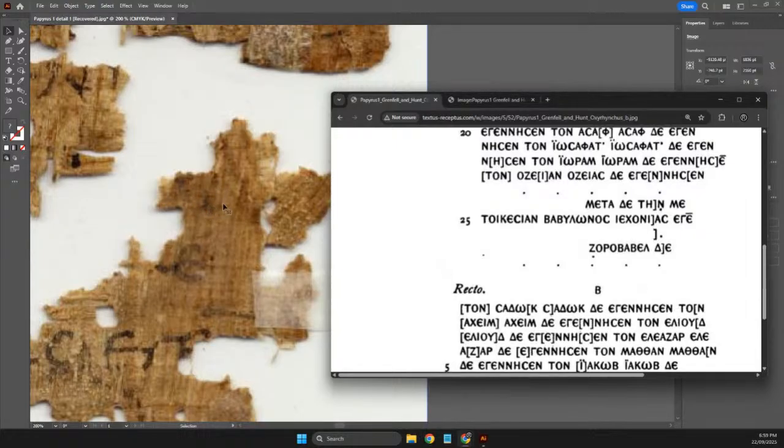Just with that little curl there. But then again, I was sort of seeing a little epsilon there, but it just makes more sense with the spacing that it would be this here. And perhaps that darkness there, but I don't want to be too dogmatic on that.